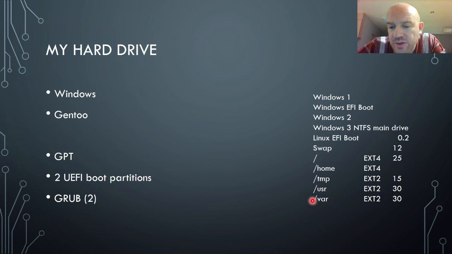And then finally, the variables will also be kept on a separate ext2 file system. And that is also a bit because I can just reinstall the base system without worrying about formatting a lot of stuff.